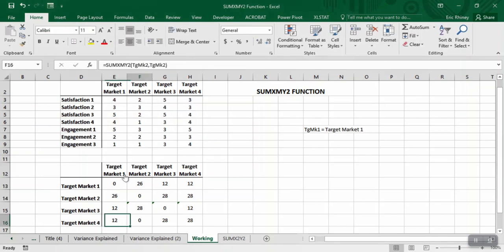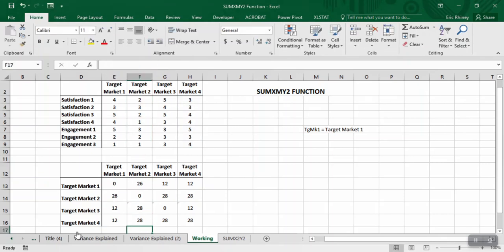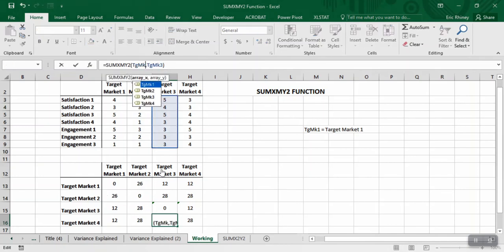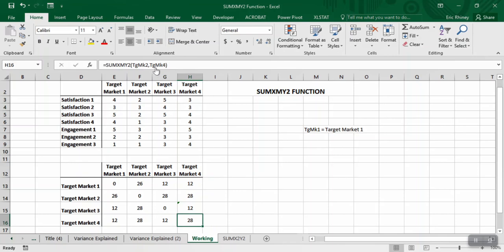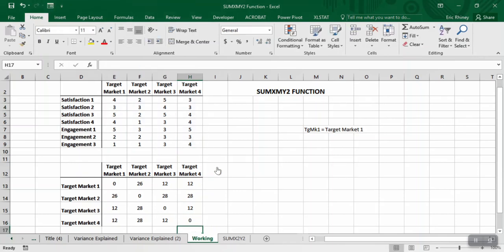So you can see how quickly you can get through this versus if you had to do this by hand. It wouldn't work very well with it. So here, this is 4 and 2. And this is 4 and 3. And this one is 4 and 4, which will be 0 again on that diagonal.